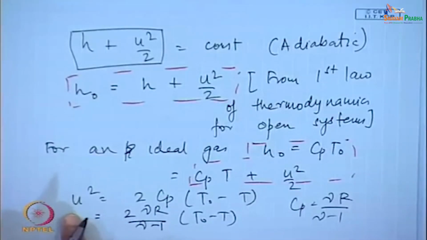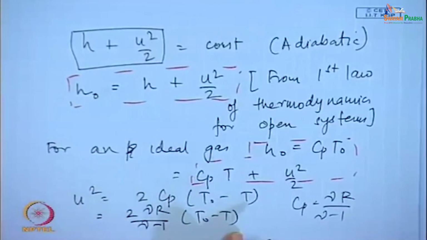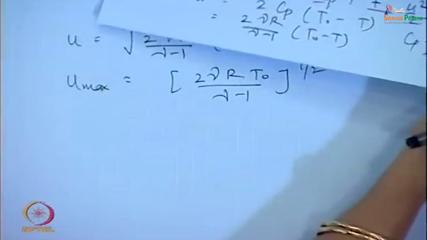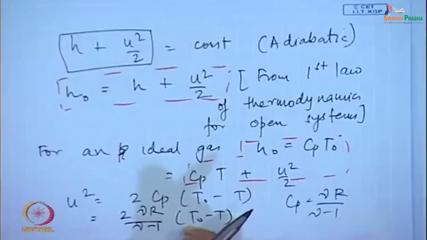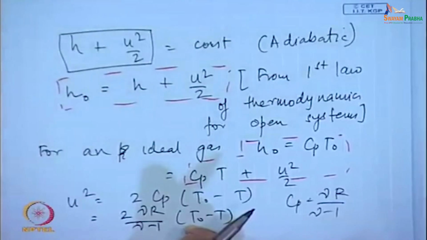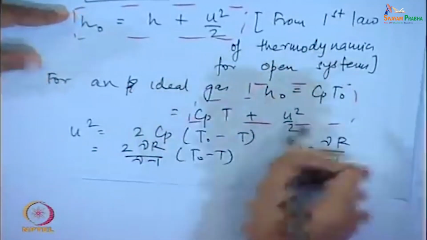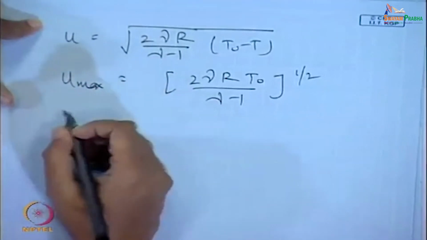So, this just gives you a relation between local velocity and the local temperature under adiabatic conditions, right. Now, once we have obtained a way of finding T0, if we proceed further from this particular equation, what do we get?